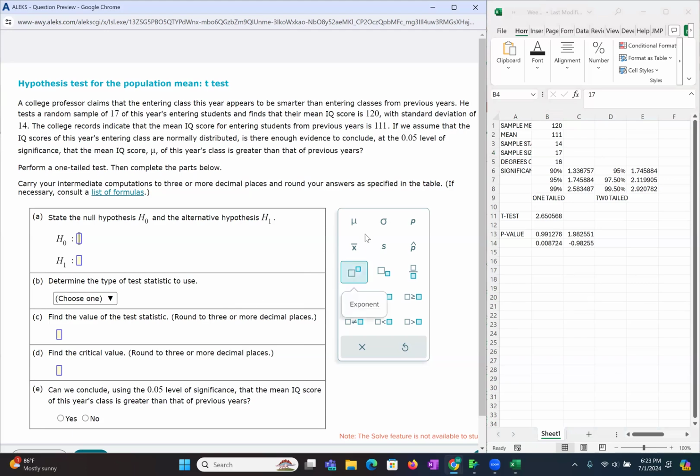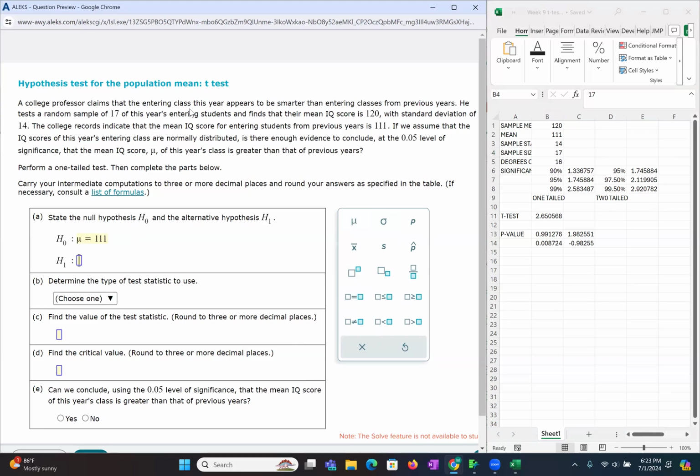Okay, so this should be mu is equal to 111. And what is the alternative going to be? Mu equal to 120. No, that's the null.